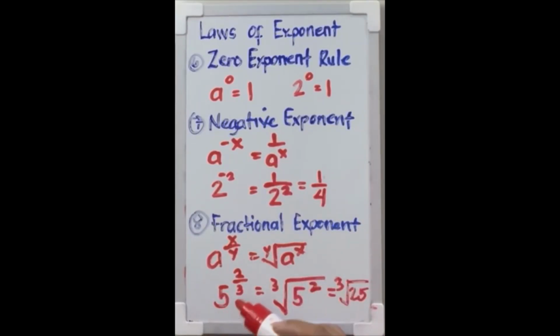Example is 5 raised to 2 over 3 equals the radical symbol with the radicand inside, 5 raised to 2, and the index is 3. Now this is equal to the cube root of 25. 25 is 5 times 5.